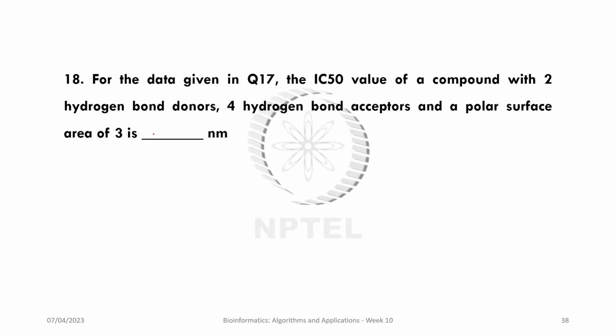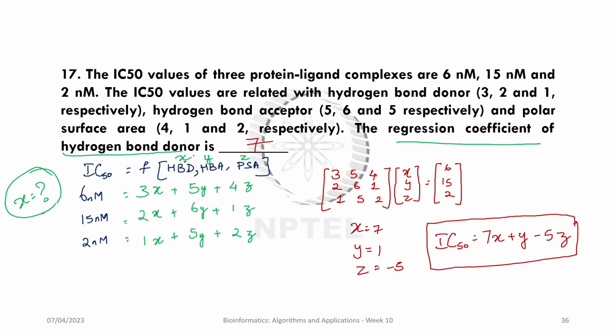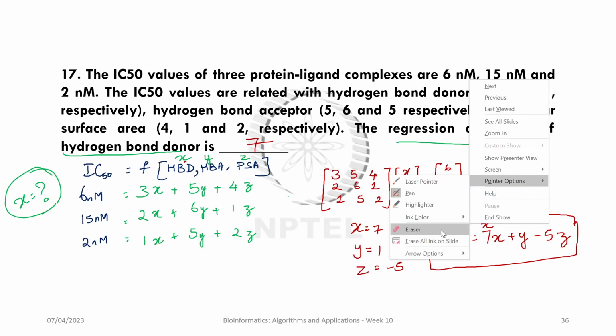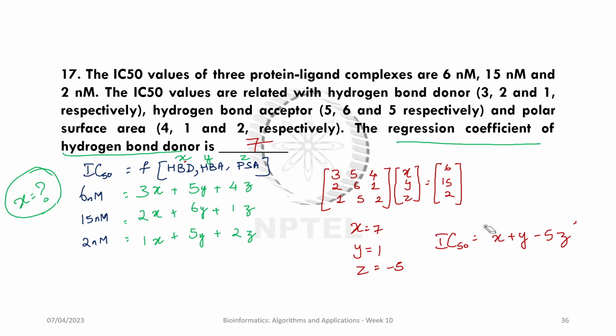For the data given in question 17, the IC50 value of a compound with 2 hydrogen bond donors, 4 hydrogen bond acceptors, and polar surface area of 3. I'm sorry, I shouldn't have written x, y, and z there; these are the values for the coefficients. Therefore, let me rewrite this equation.